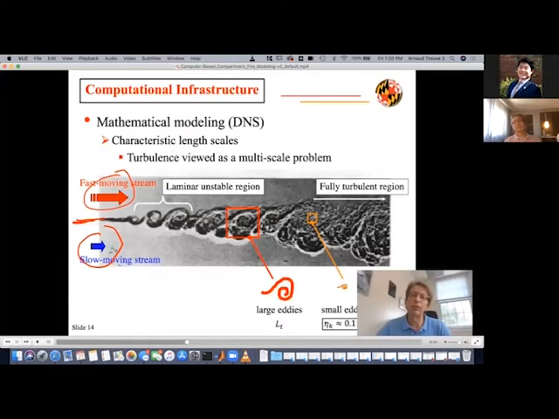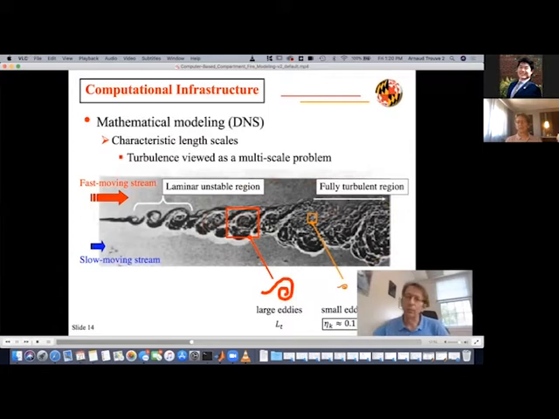If I look at the right side of the picture, the flow is turbulent, and I can see large structures, large eddies that are responsible for the macro mixing that takes place in this mixing layer. And I have small eddies that correspond to the micro mixing, and that are responsible for the transformation of mechanical energy into heat.